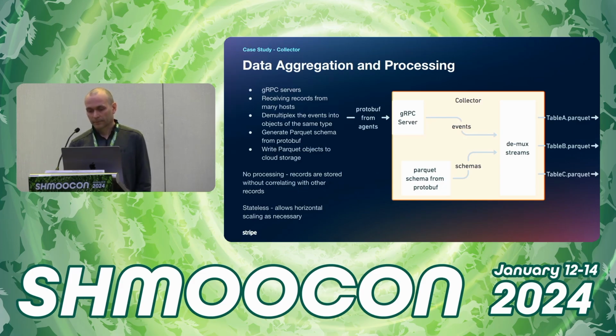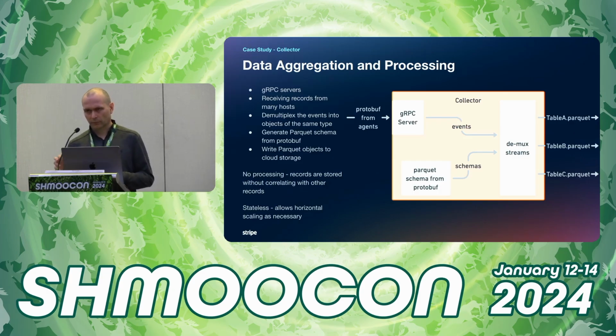Now, one thing I'd like to highlight here is that the collector, the central component, is stateless. That is possible because all the records emitted by the agents are fully denormalized, so they're fully self-contained, and there's no need to correlate with other records or add any further processing or enrichment. This data can just be stored as is, as it comes in from above.